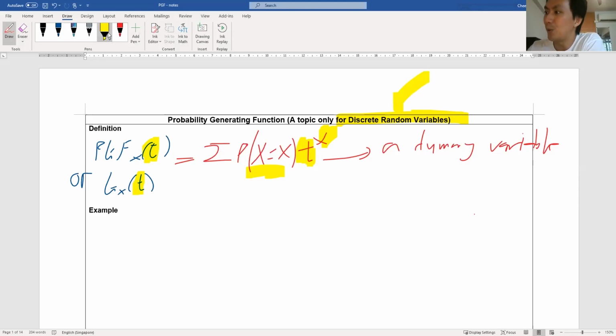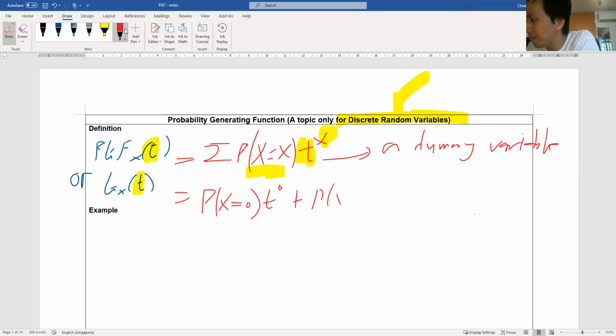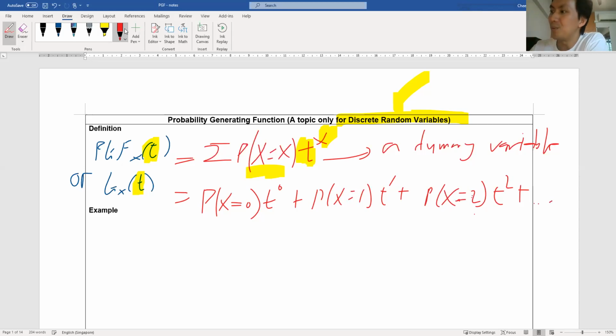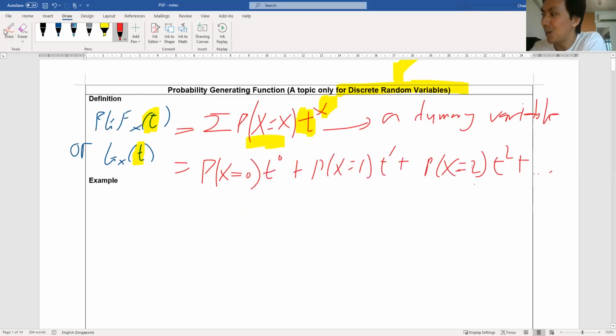So this particular summation, to be expressed in more concrete terms, actually means like this: probability X is, assuming X starts from 0, T to the power of 0 plus... So again, what does all this chunk really mean?